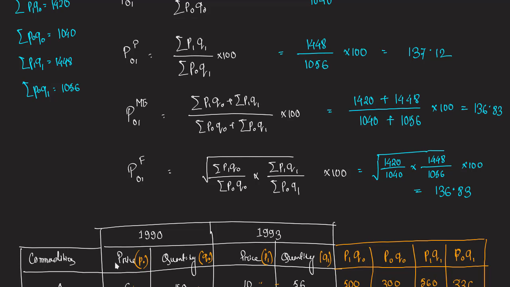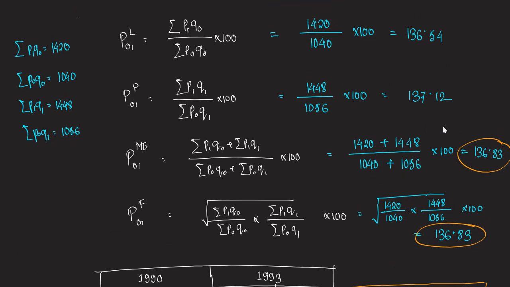So you see, although we calculated with different formulas, still the value is 136.83, 136 point something, 137. So the Paasche value is a bit higher, but almost all are around 136.5 or 8, right?